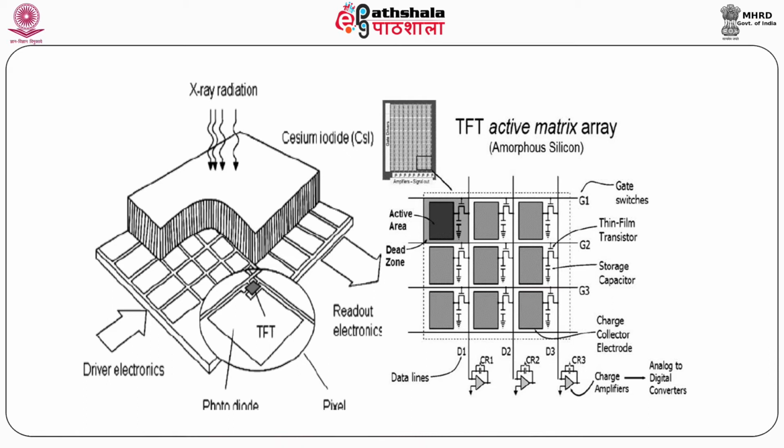The principle of the indirect digital detector is shown in this figure. The phosphor material is cesium iodide or gadolinium oxysulfide. When X-rays hit these detectors with structured phosphor, cesium iodide produces light.